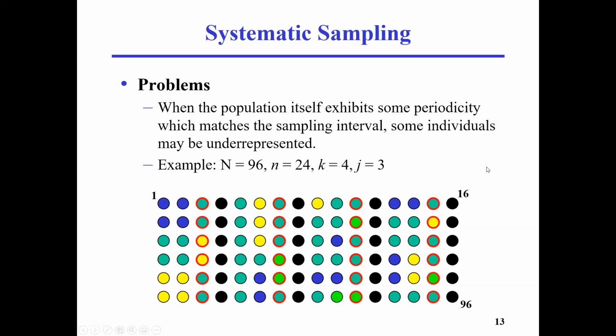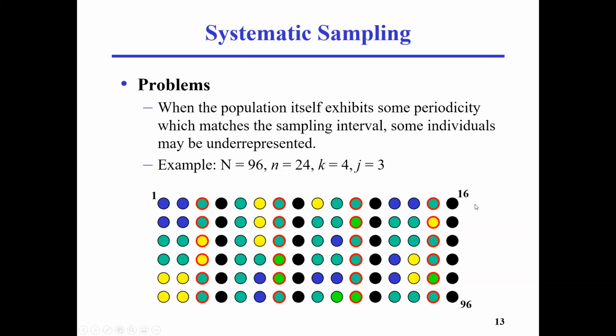But what if it happens? If it happens, your systematic sampling method used here perfectly avoided all black circles, which means that your sample result, all those circles marked by red, are not representative enough to address the whole population, because there are black circles in this population, but you missed all of them.